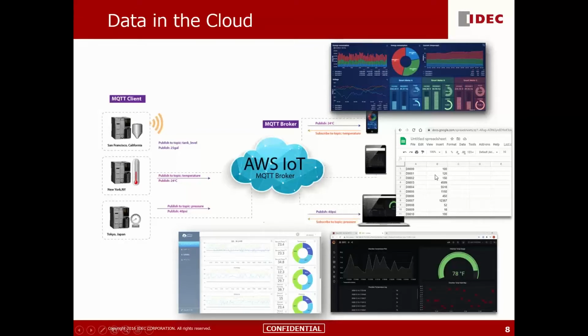Okay, as simple as that. So once you have your PLC, your system deployed and publishing information to AWS brokers, your other devices, your phone, your tablets, your computer, you have access to everything once the data is in the cloud. So that's how it works.